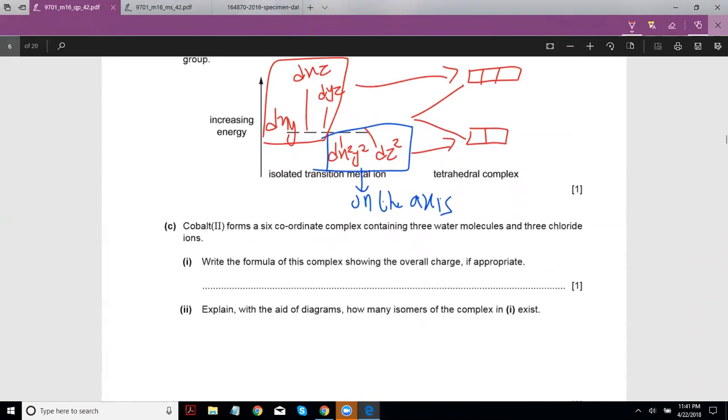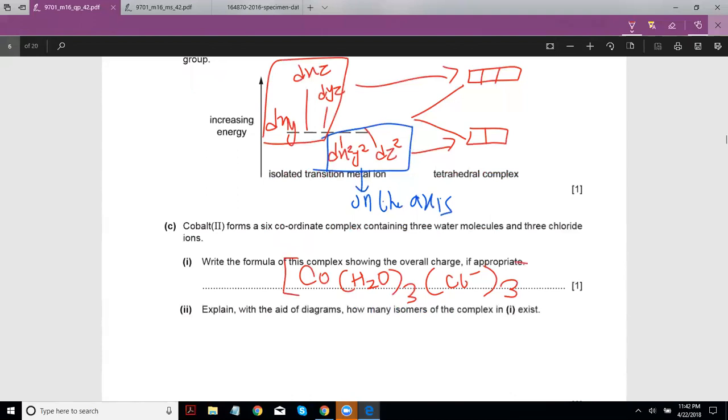Cobalt 2 forms a 6 coordinate complex containing 3 water molecules and 3 chloride ions. Write the formula of this complex showing the overall charge if appropriate. So you have cobalt, H2O, how many, 3, and Cl, Cl, negative 3.